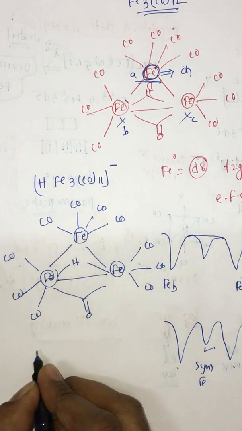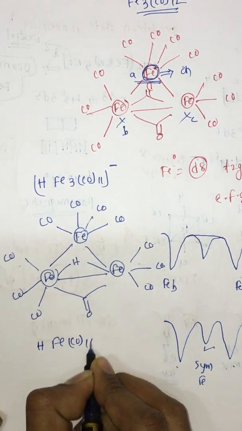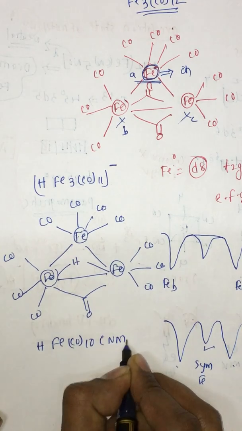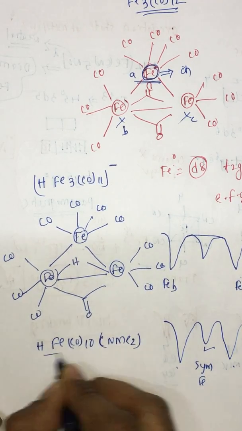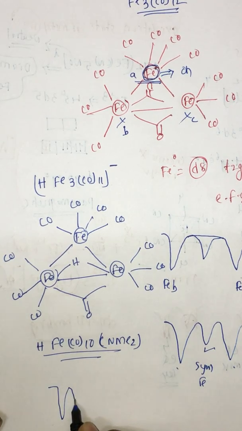And another example we have is HFe3(CO)10(COMe), which is also the same as these two. Here also we get a three-line signal like this.